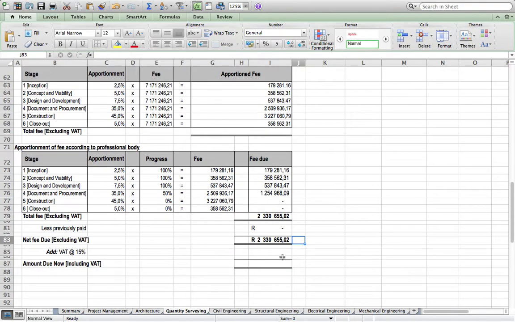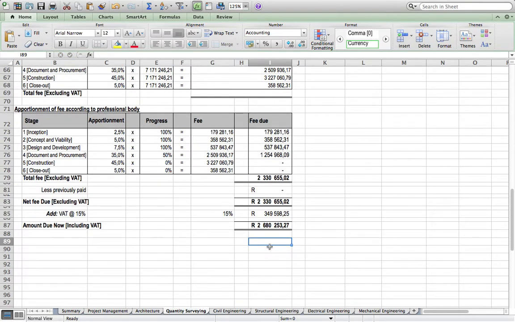So it gives us that, and then we add 15% VAT on that, which is that multiplied by that. And then the amount due is VAT plus that 2.3, which gives us 2.6 million. This is what is due to the quantity surveyor now, so it should be paid. So as I was saying, on the next invoice, this will be shown as previously paid.